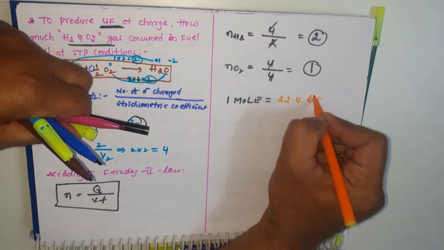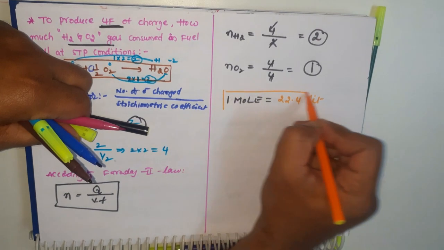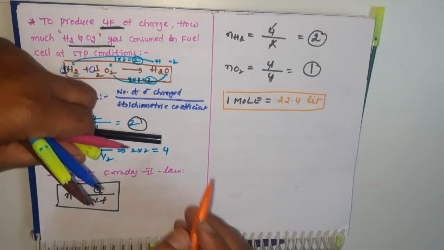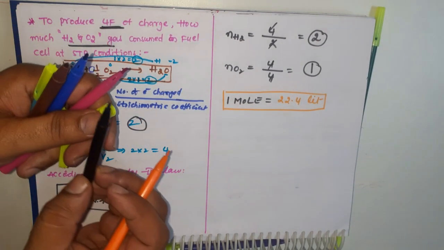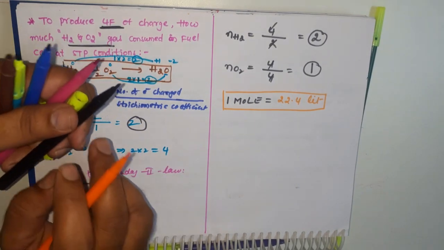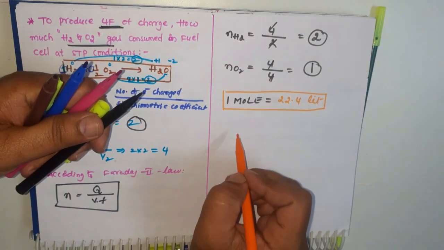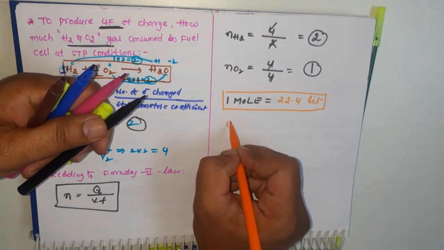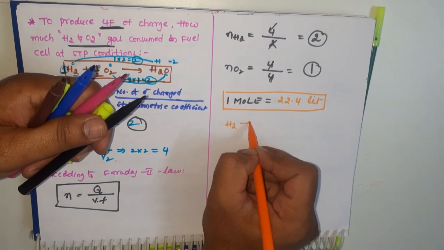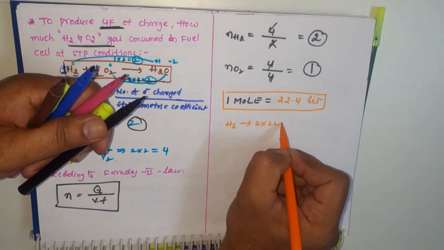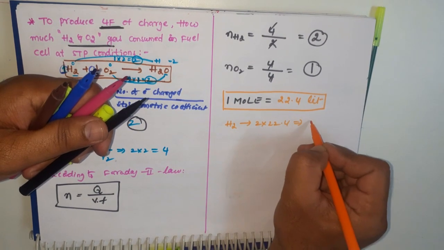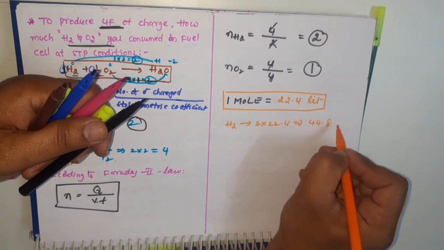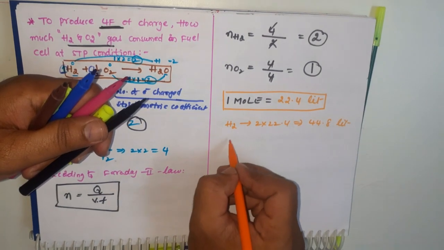Any gas occupies 22.4 liters if it is 1 mole. So what is the volume of hydrogen? Hydrogen is 2 into 22.4, that is 44.8 liters.